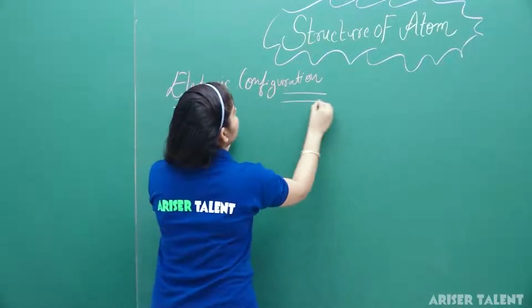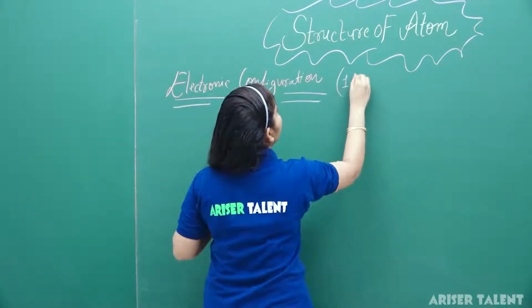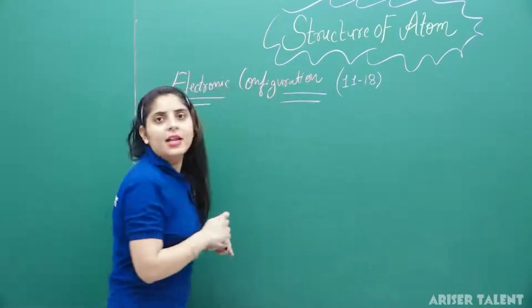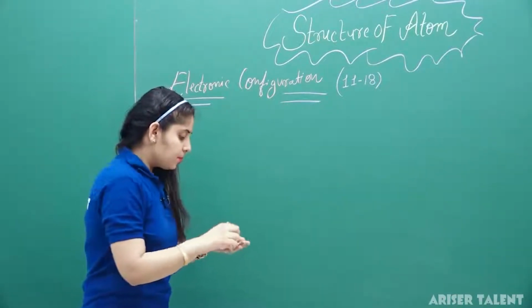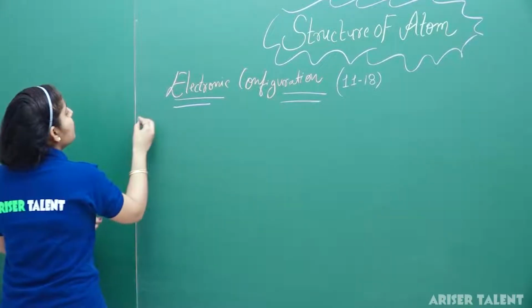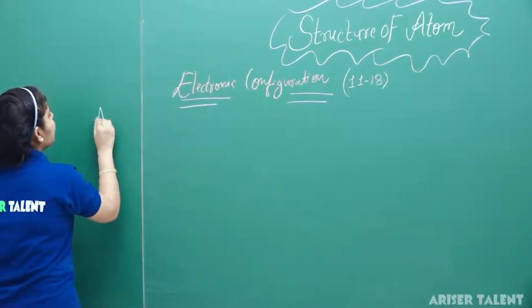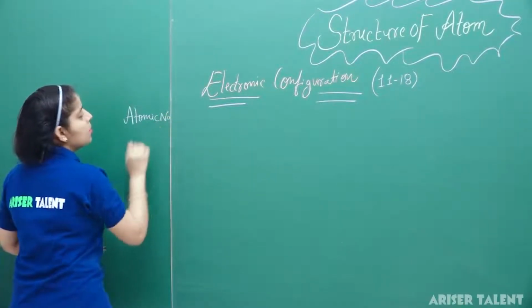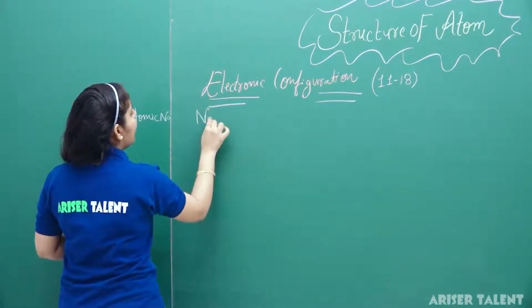So, now we will learn electronic configurations of the elements having atomic number between 11 and 18. Firstly, we will write the atomic number here. Now, we have the name of the element.